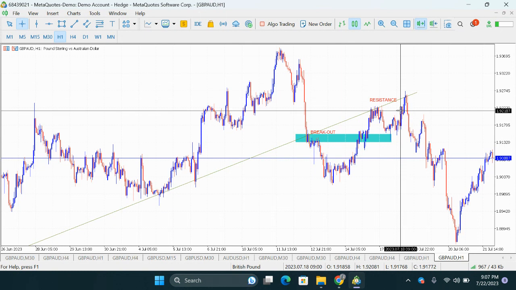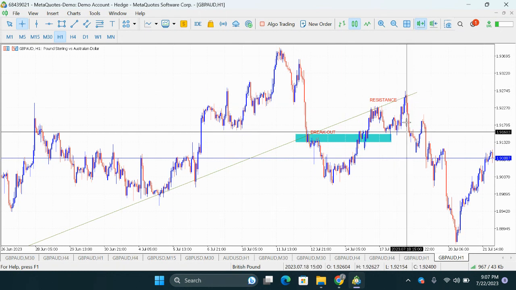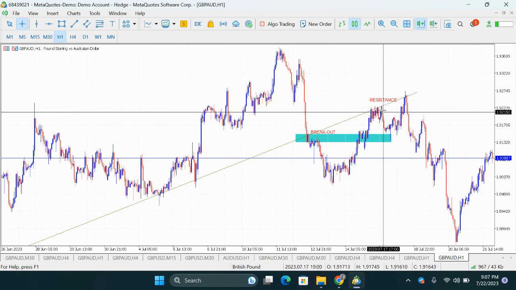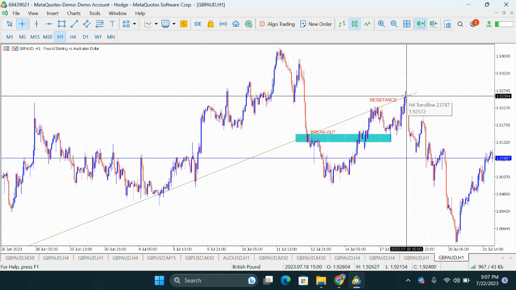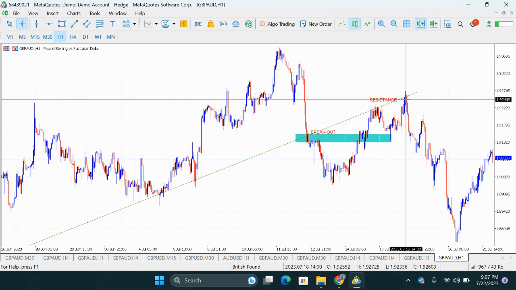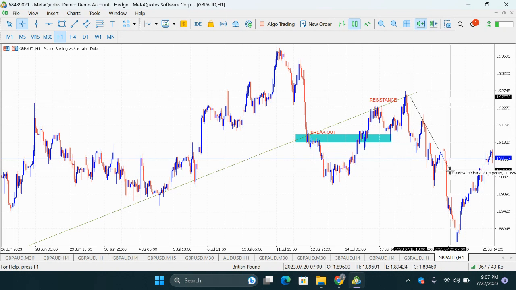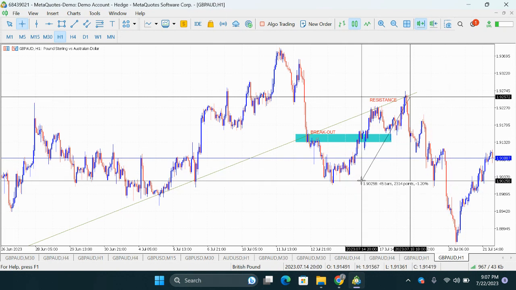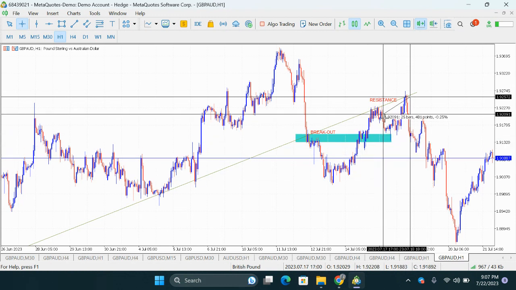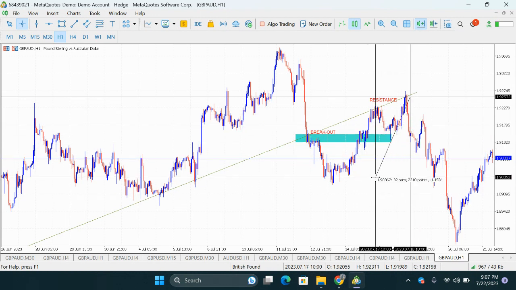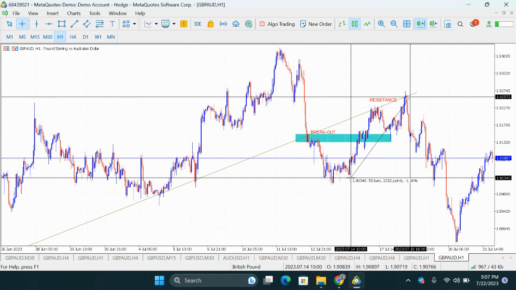You understand? The trade is still valid, the setup is still valid. Now, it tested it here, went up again to test this same trend line before it starts selling. So normally, as a trader, you take your first profit here, and as you can see, price tested it, sold all the way there and came to this recent low, and that's about 222 pips.